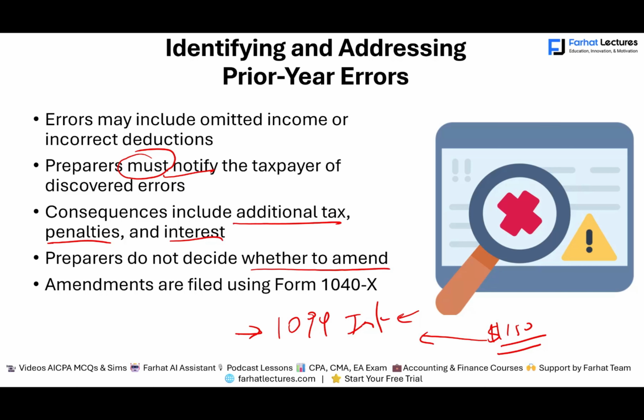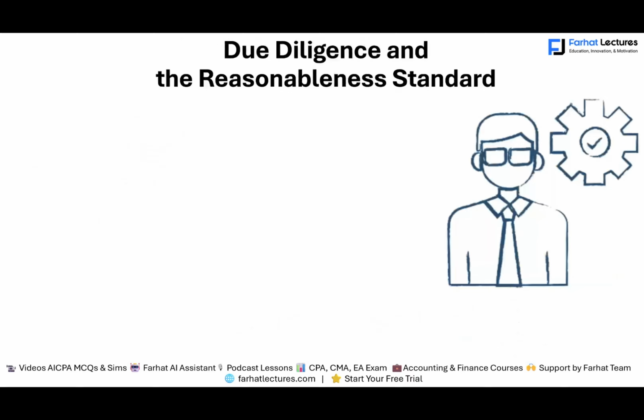You have to report this and your tax bill will go up. You may be charged interest and penalties for that. And you would let them know about the consequences. Whether they want to do it or not, that's their decision. You must disclose the issue and its implication, and the decision to amend rests with the taxpayer. Sometimes they test you about this, just make sure you know that.